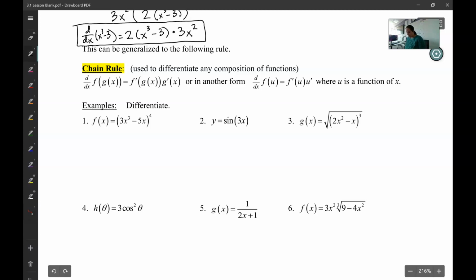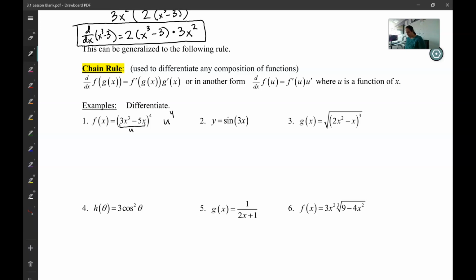So let's look at this one, number 1. If I look at this, my mommy function is x to the 4th. Or, let me rewrite this. I'm going to say all of this is u. So my mommy function is u to the 4th. So the first thing I'm going to do is take the derivative of my mommy function.